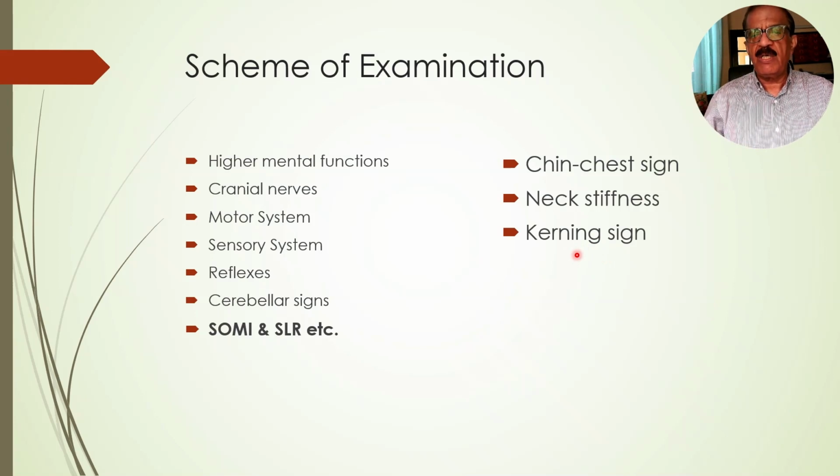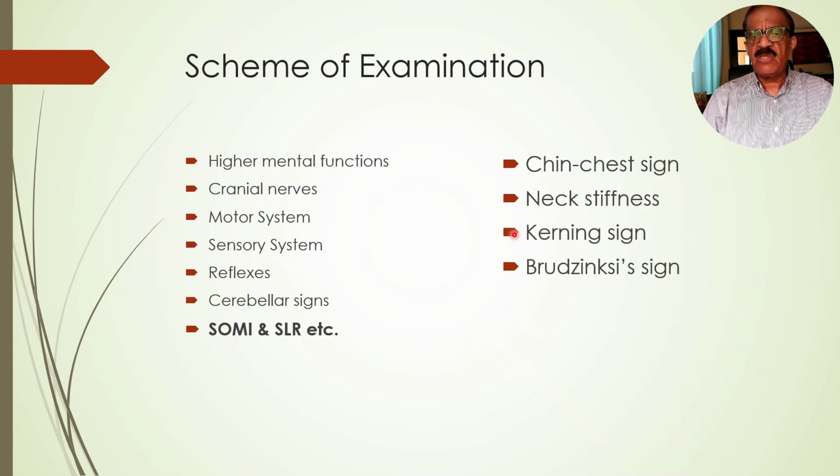But in a patient with meningitis, you will not be able to extend the leg at the knee joint easily, or the patient will feel pain. That is called Kernig's sign. So these signs are interpreted together to make a diagnosis of meningeal irritation.